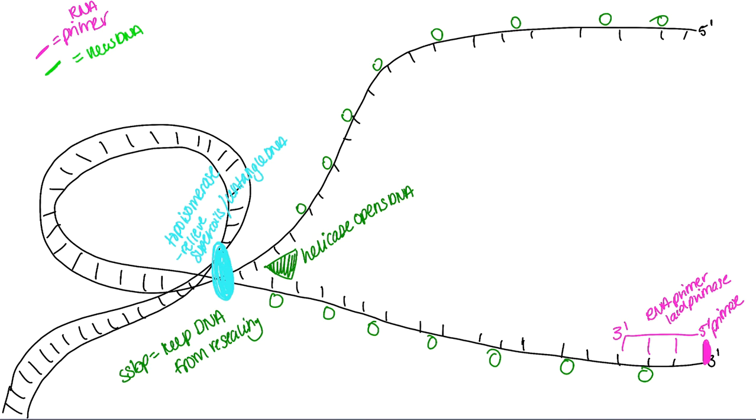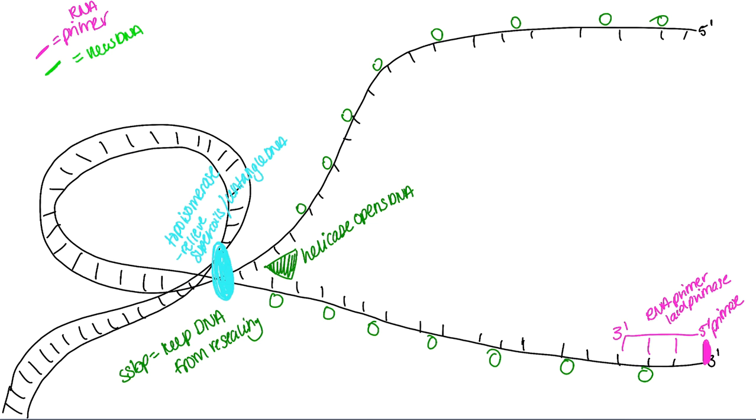So let's go ahead and add some primers on our top strand. Now, our top strand, we have a little bit of an issue here. We have a 5' end here, which means somewhere down here, if we were to follow this along all the way to the end, this is our 3' end. So that means when we have new DNA that is laid right here, this right here must be the 3' end.